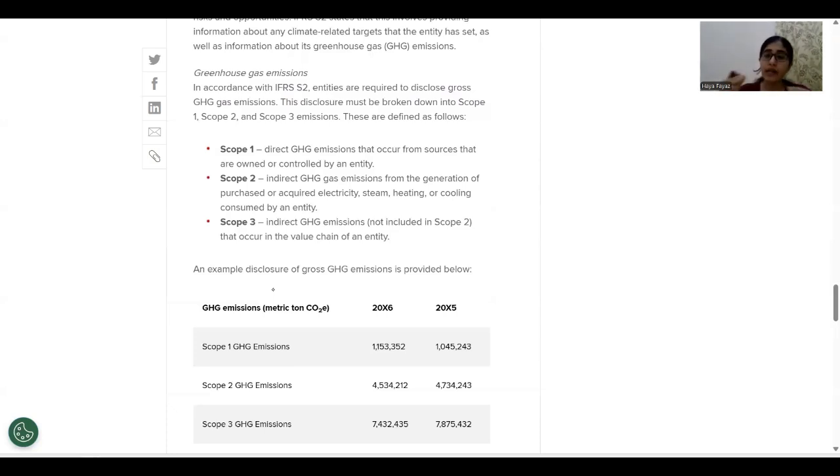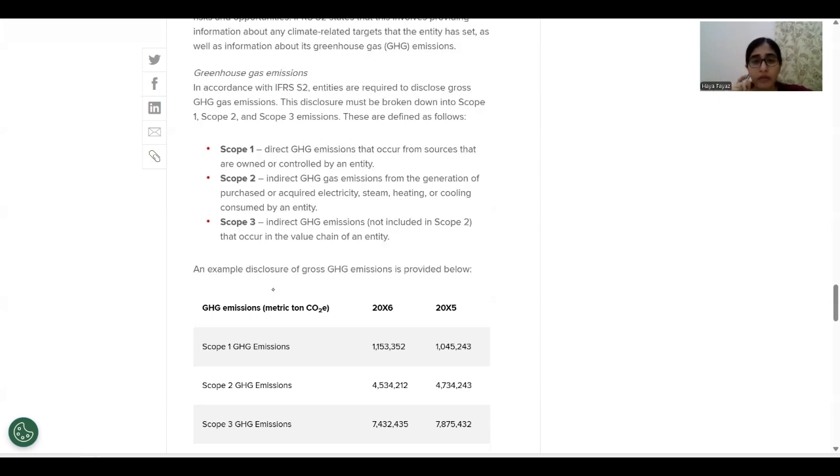And lastly, the value chain. For example, if it has something to do with the suppliers you buy from, if their methods are not sustainable enough, they produce a lot of emissions. For example, they use vehicles which are not energy efficient, they don't use electric vehicles, or they don't follow sustainability practices, which is going to cause carbon emissions.